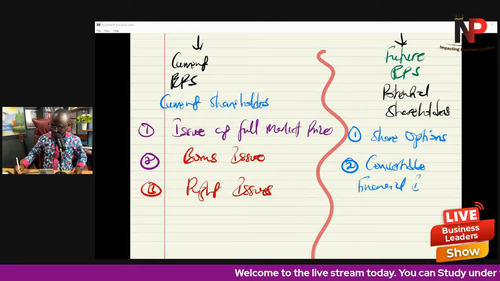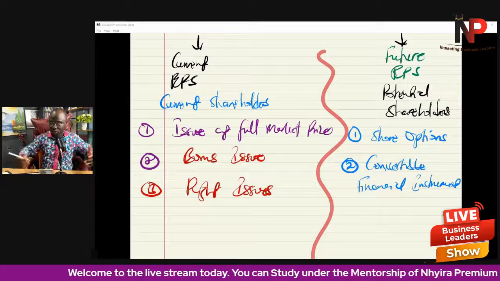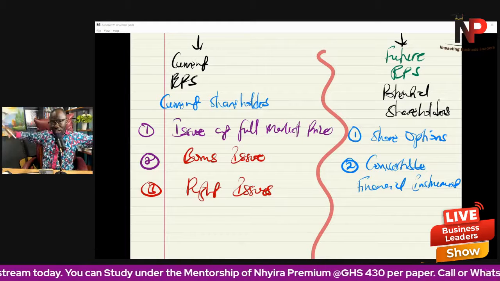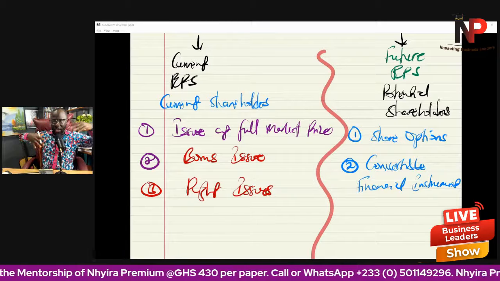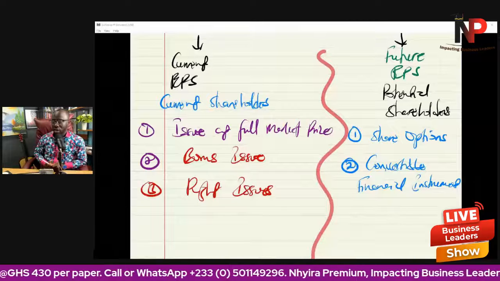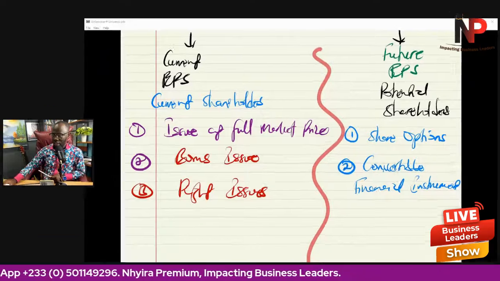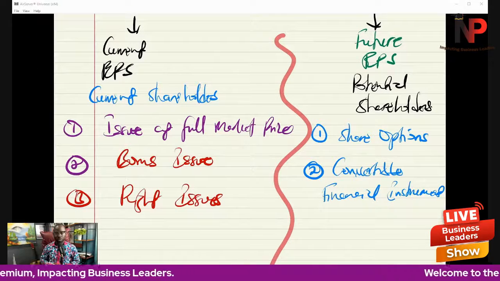If an entity issues any convertible financial instruments, that could result in the number of shareholders potentially in the future increasing or changing. For that reason, we would have to find out how we can calculate the impact of these on the earnings per share of the entity. And that is very important for us to understand exactly what is going on.